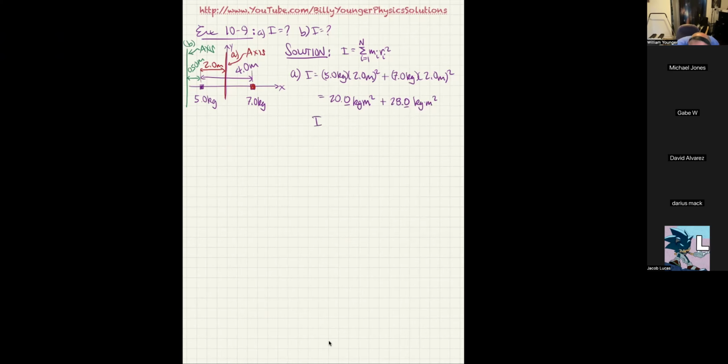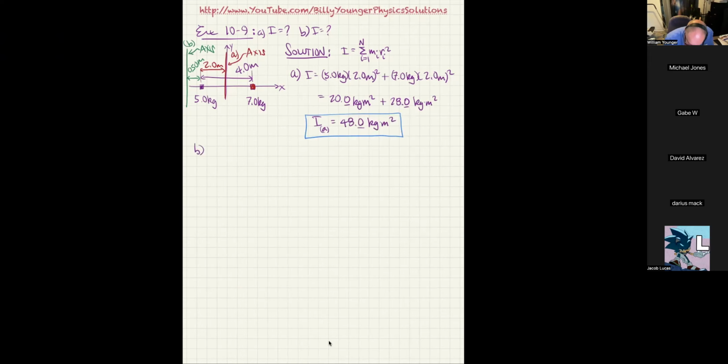Our I for part A is equal to 48.0 kilogram meters squared, and that is the unit we expect for moment of inertia, kilogram meter squared. Anybody have any questions on that one?